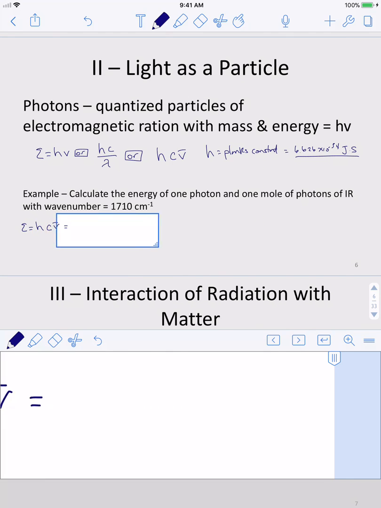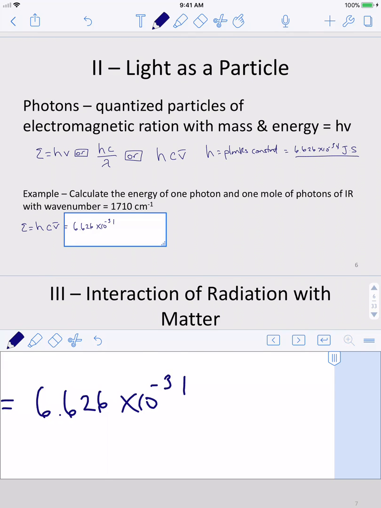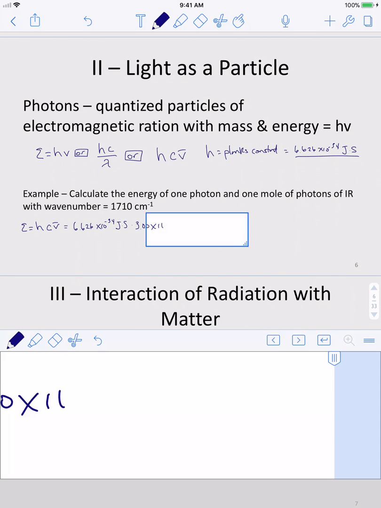So Planck's constant, 6.626 times 10 to the negative 34 joules times seconds, times our speed of light, 3.00 times 10 to the 8th meters per second, times 1710 centimeters minus 1.